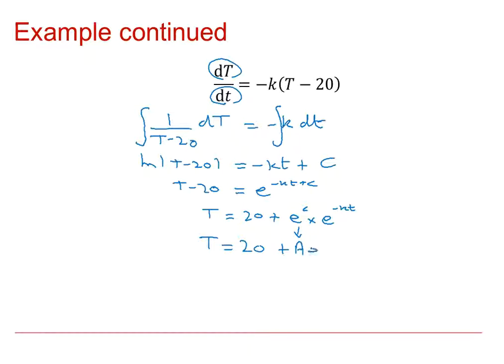I'm going to call it capital A. So if I stop there, that would be my general solution. T equals 20 plus arbitrary constant A times e to the minus kt.